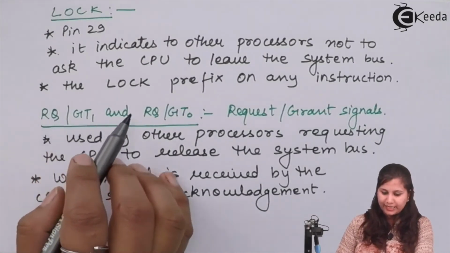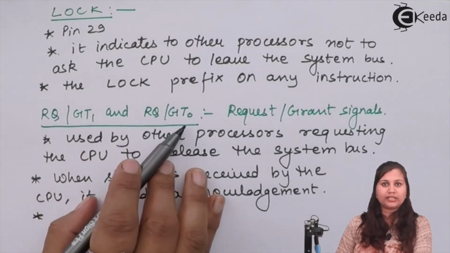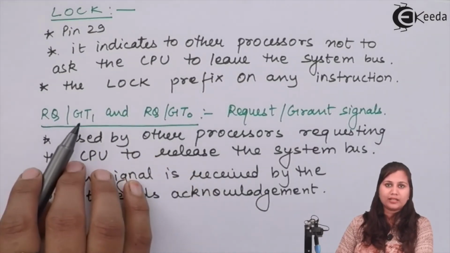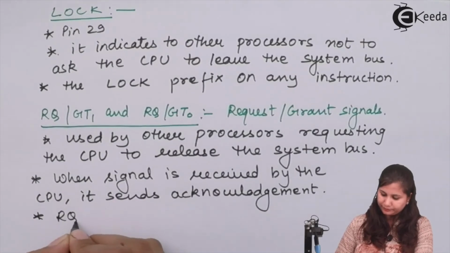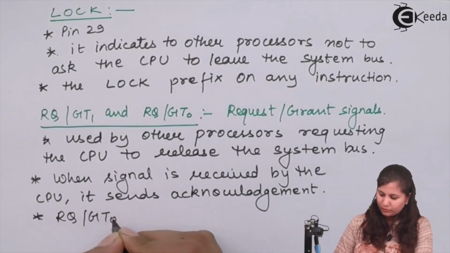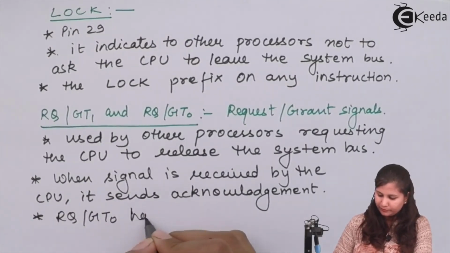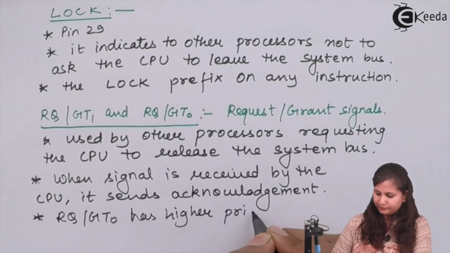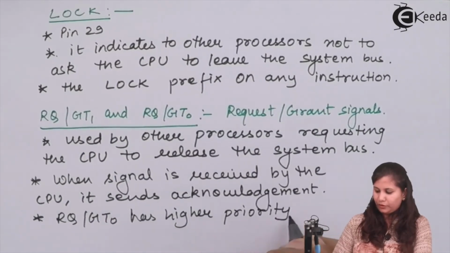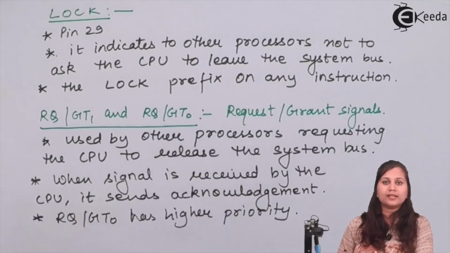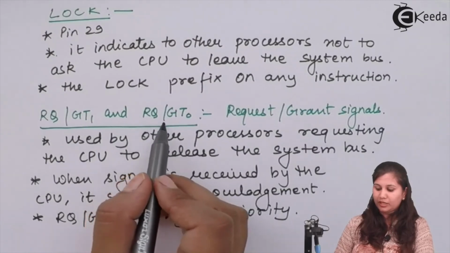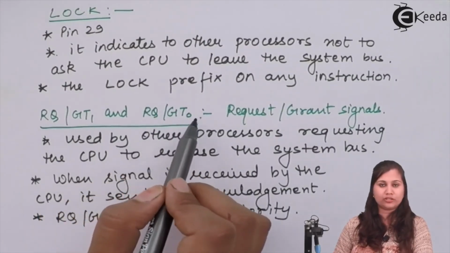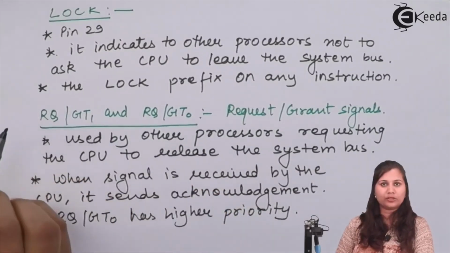RQ/GT0 has higher priority than RQ/GT1. So first the system buses will be given to the processor connected at GT0 and then at GT1.